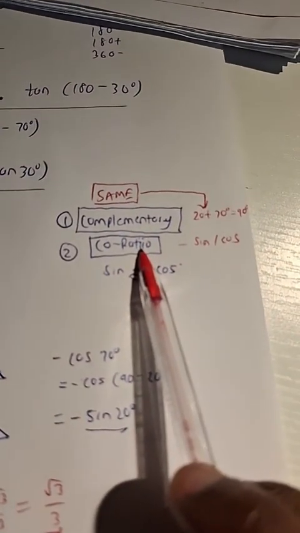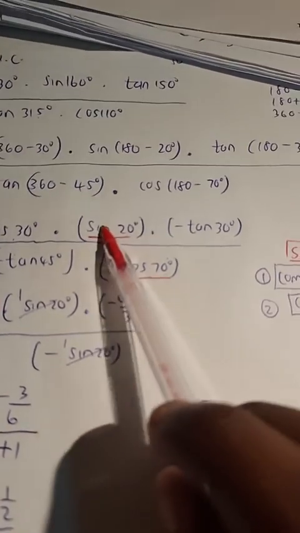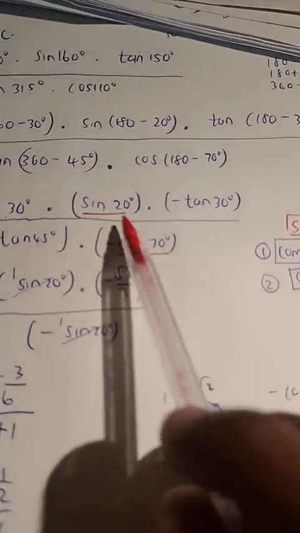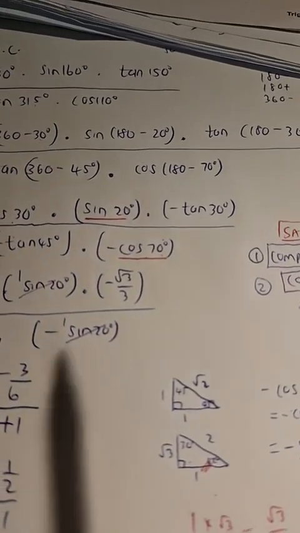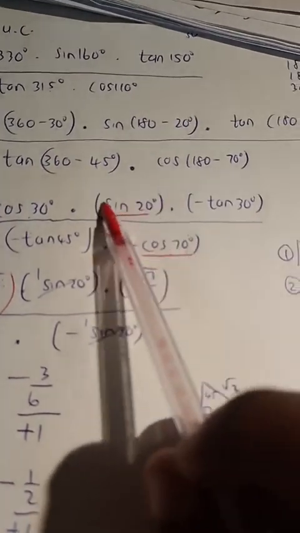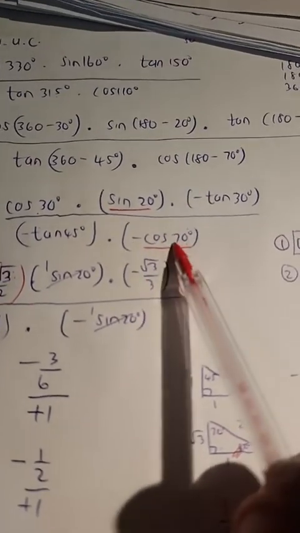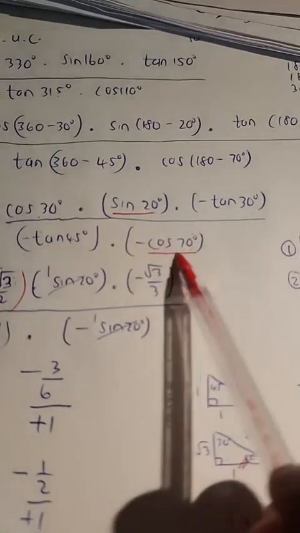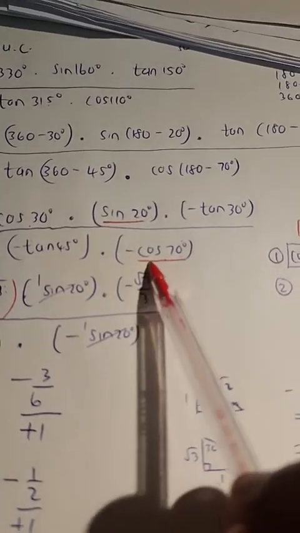Co-ratio, what does it mean? It means sine and cos, cos and sine. So these two are actually the same ratio. You can either convert this to cos 70 whilst this remains as negative cos 70, or you can change this to sine 20 whilst this remains as sine 20, but this one is negative.